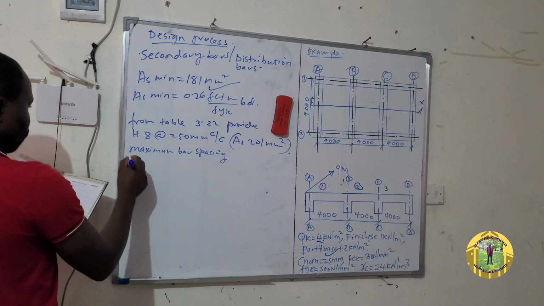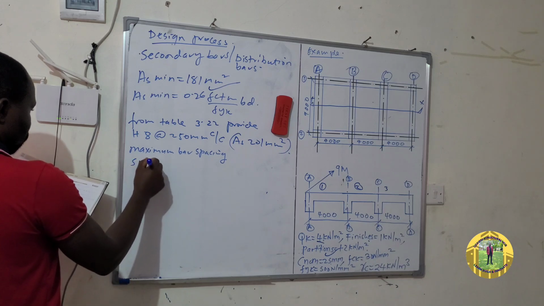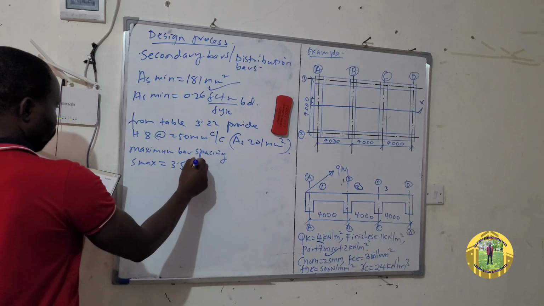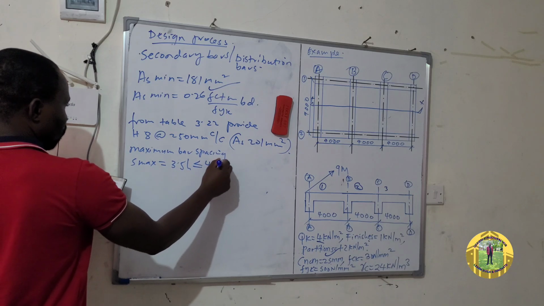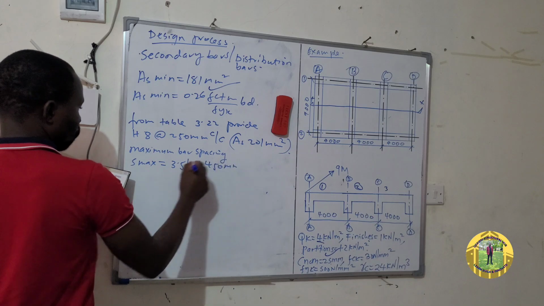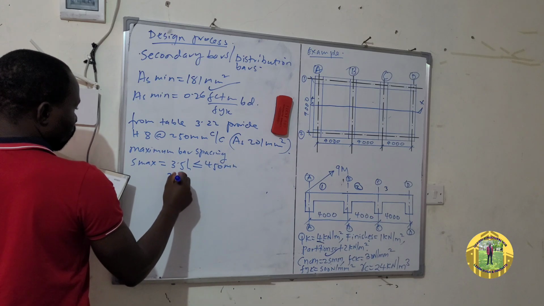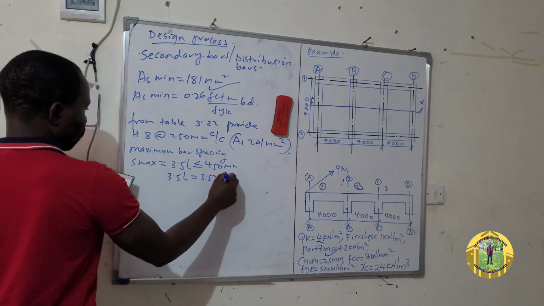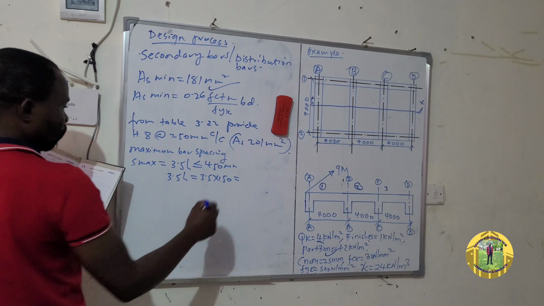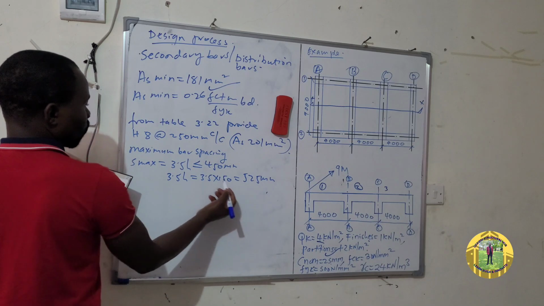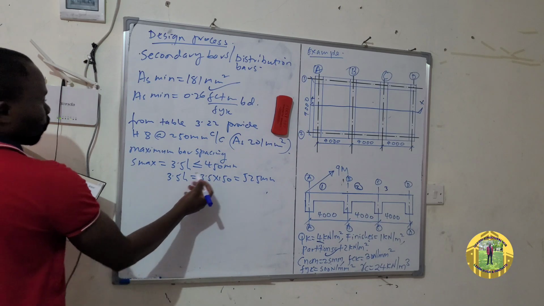So we have S max equal to 3.5 H, must be less or equal to 450 millimeters. So 3.5 H is equal to 3.5 times 150, which is 525 millimeters, greater than 450 millimeters.